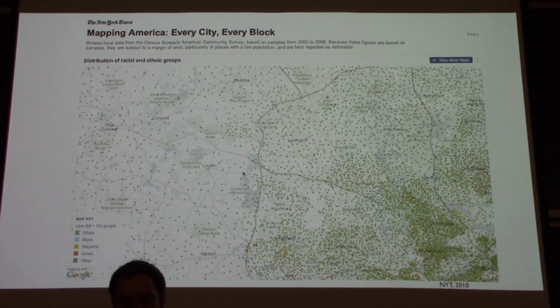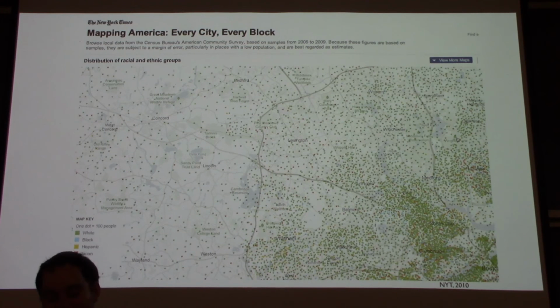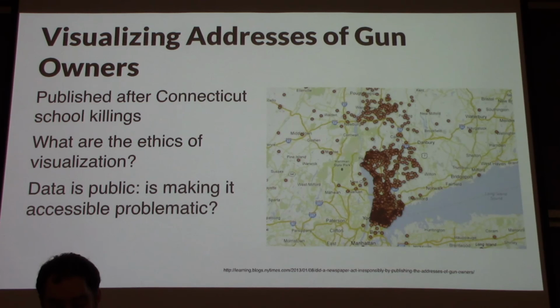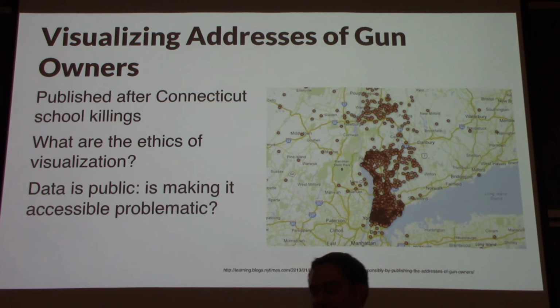This map shows you the distribution of racial and ethnic groups, and you can of course see the segregation into various districts in, for example, Chicago or New York, pretty well. This one here, and I mentioned it earlier, is the visualization of addresses of gun owners. This was published after the Connecticut school killings.